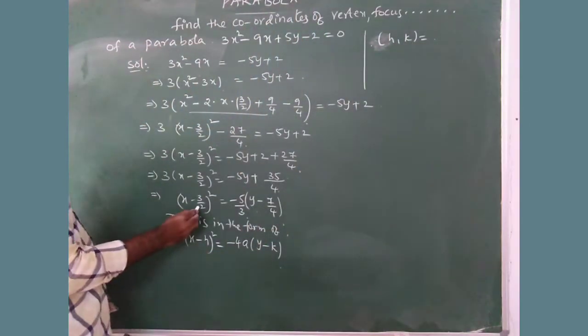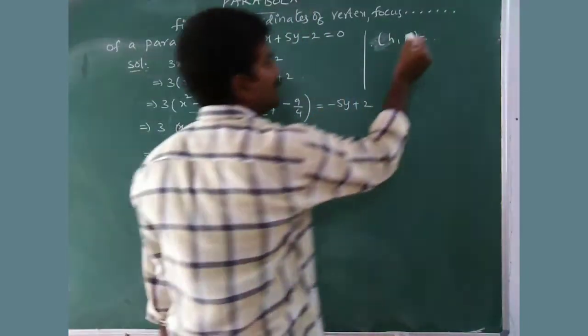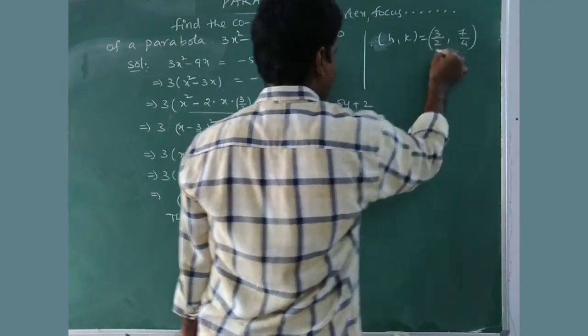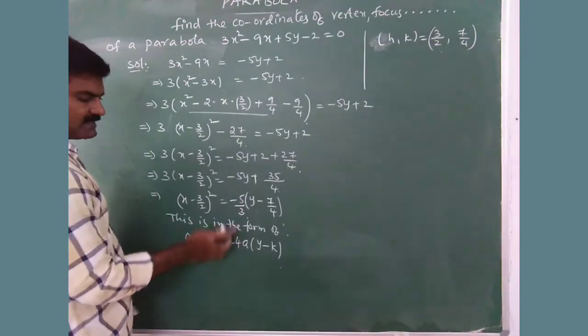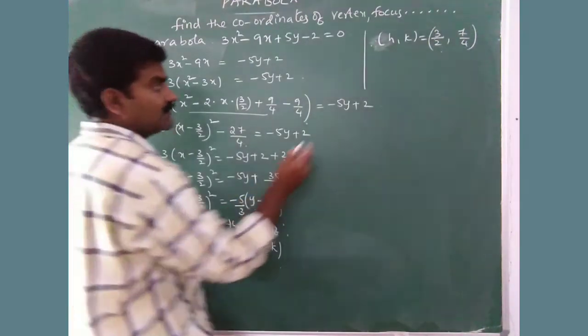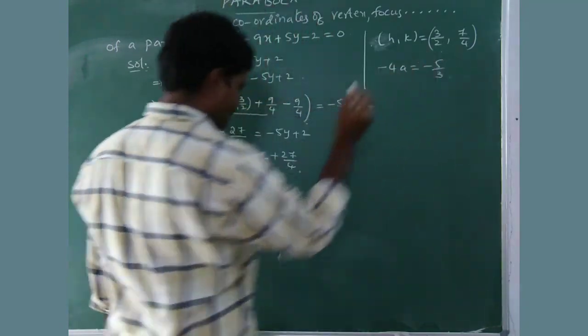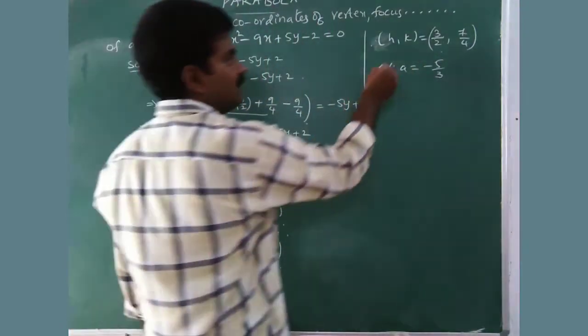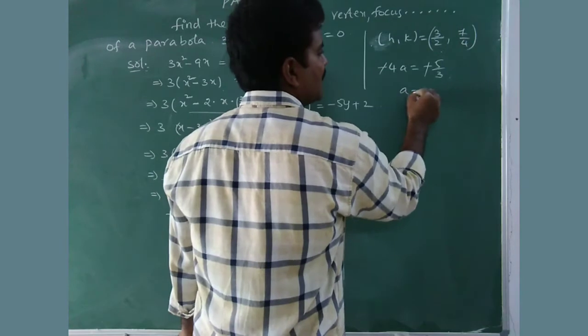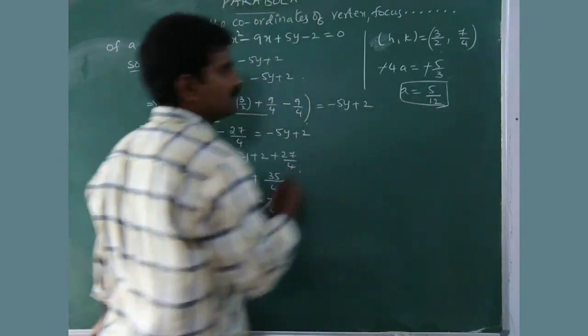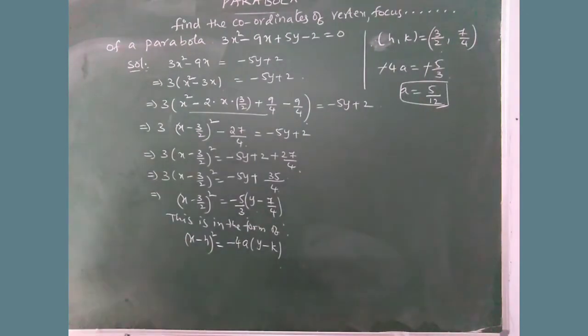H is equal to 3 by 2, k is equal to 7 by 4. So h comma k is 3 by 2 comma 7 by 4. And see, after comparing these coefficients, minus 4a is equal to minus 5 by 3. Fine. Hence minus minus gets cancelled, and the value of a is equal to 5 by 12.